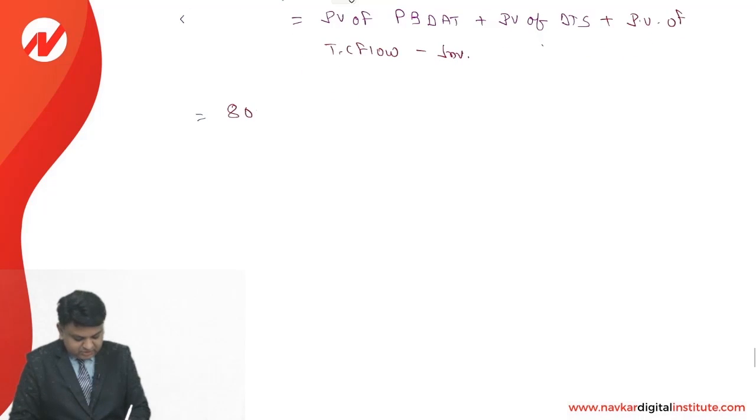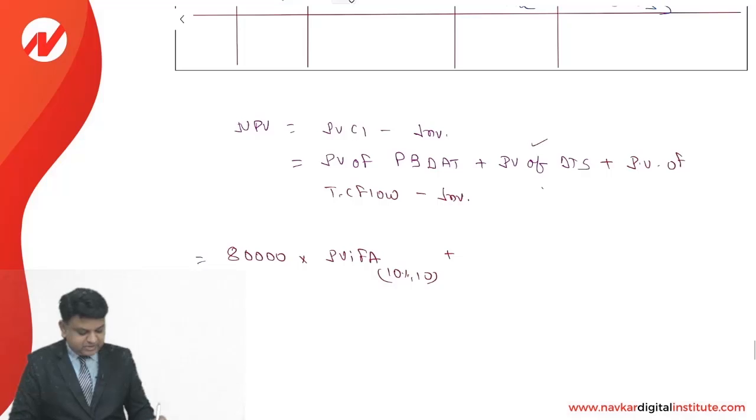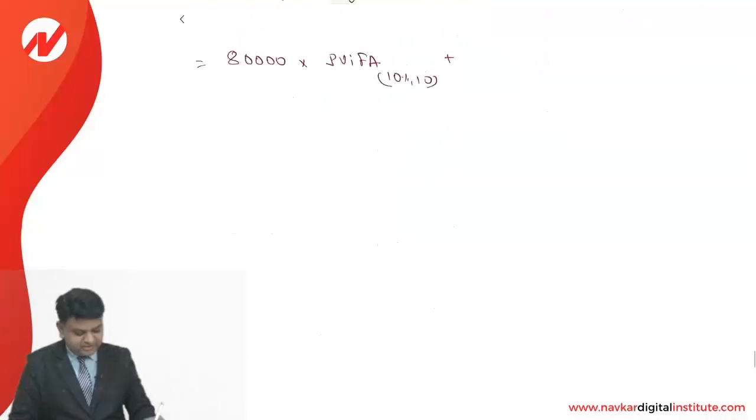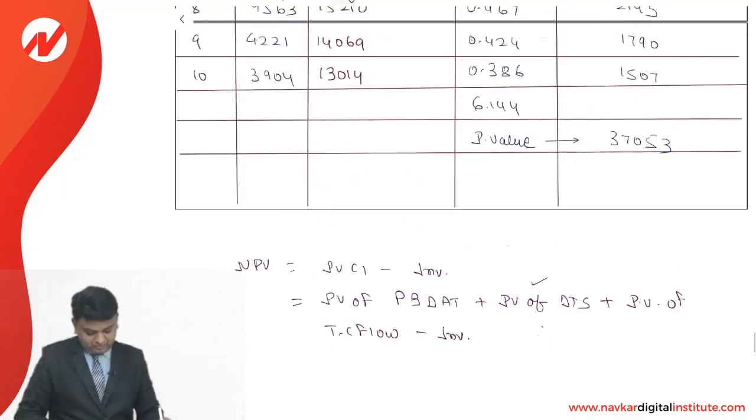So what will happen? It is 80,000 into PVIFA at 10% for 10 years, plus present value of the depreciation tax saving, which is 37053, plus present value of the terminal cash flow.